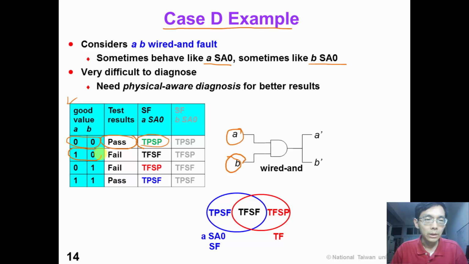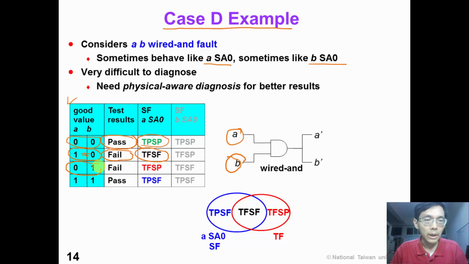When A is 1 and B is 0, this circuit could fail the test because the values of A and B are not the same. This would correspond to TFSF for A stuck at 0, 4.